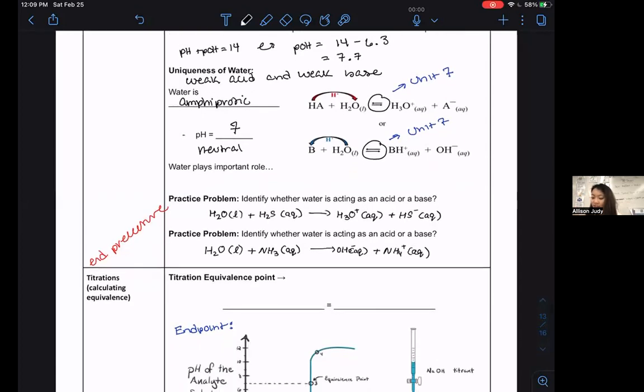So I've mentioned this before, but this is also partly one of the reasons why water plays such an important role as the solvent for acid-base reactions, because it almost acts like a neutral inert species, all right? Unless specified otherwise. There are times when water is the base or is the primary acid.